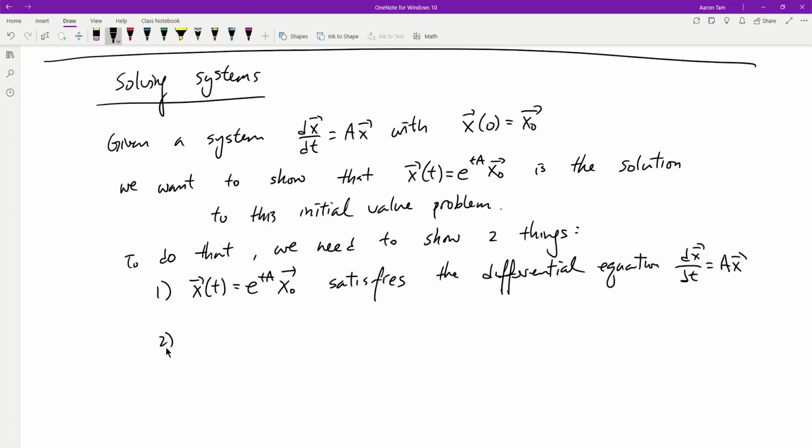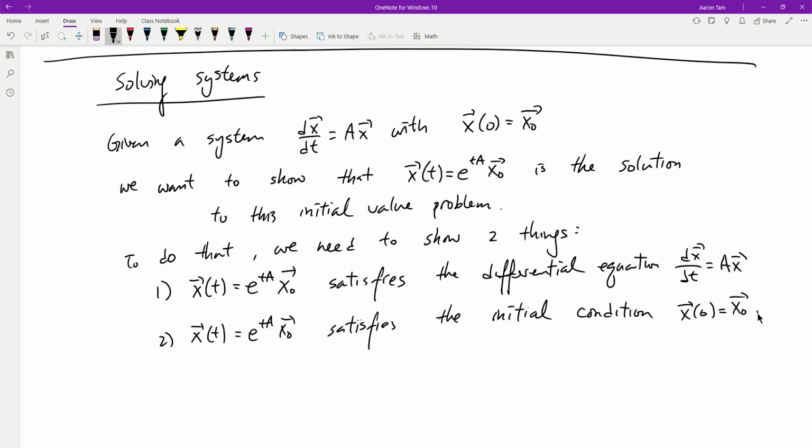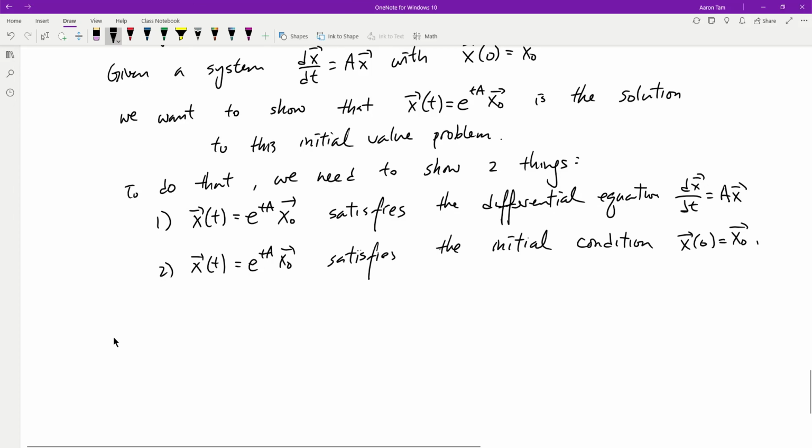And number two, we also need to know that this expression satisfies the initial condition. So nothing to it, but give it a try.